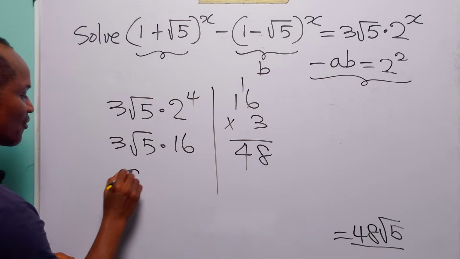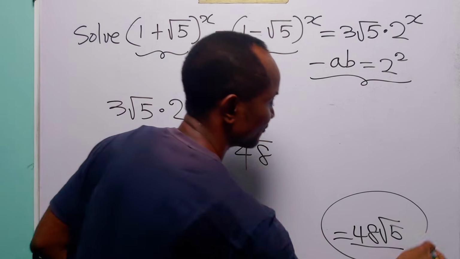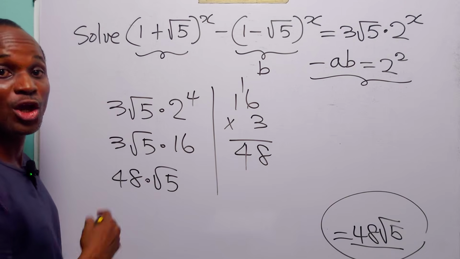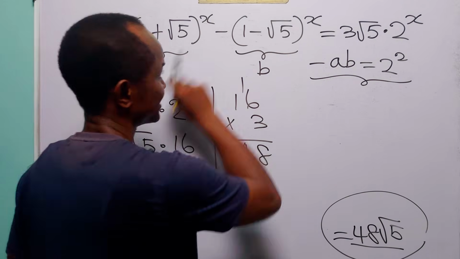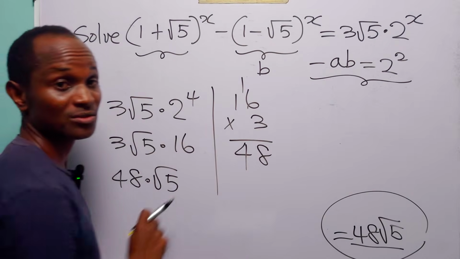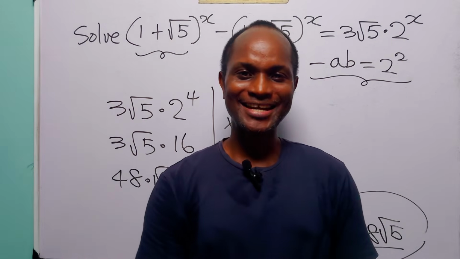So here we have 48√5, which is exactly the same thing that we have on the left-hand side. So when x is equal to 4, we can see that the left-hand side of this equation is equal to the right-hand side.